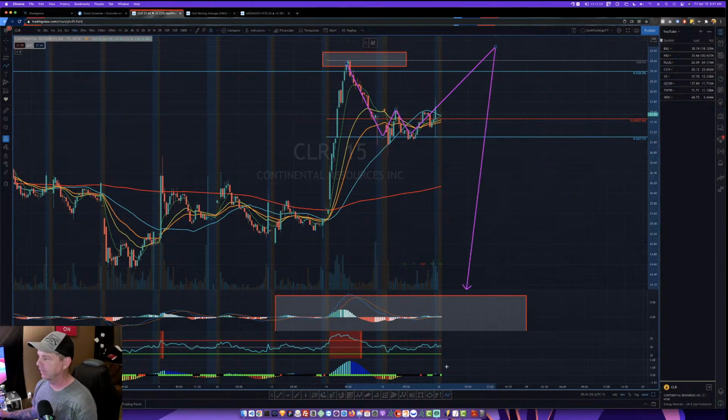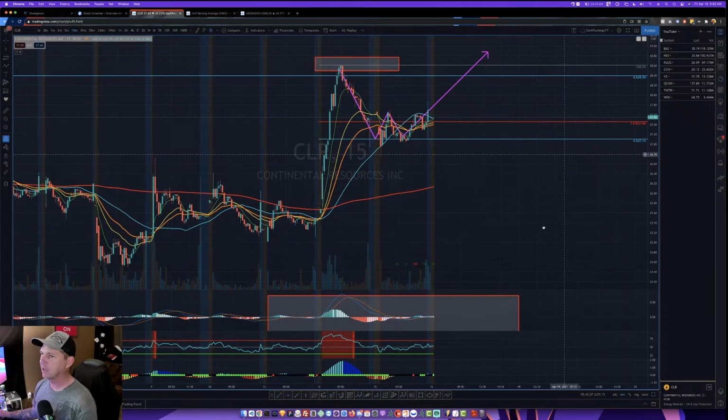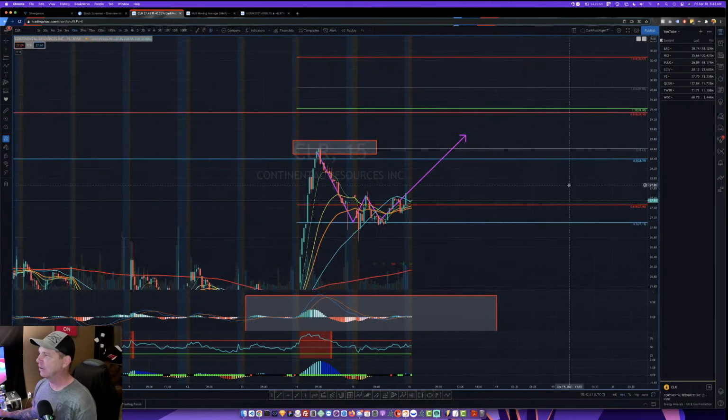With that squeeze firing on the daily, stacked positive averages, I'd expect this to go long. Only thing I haven't found on TradingView yet is an ATR indicator to see what the anticipated daily average move would be. But I like the 29.50, 30.50 level.